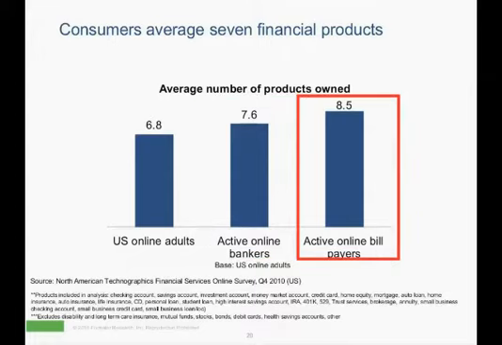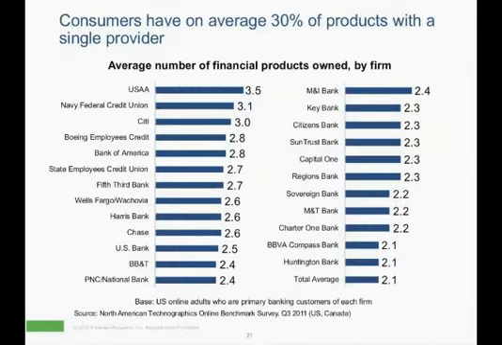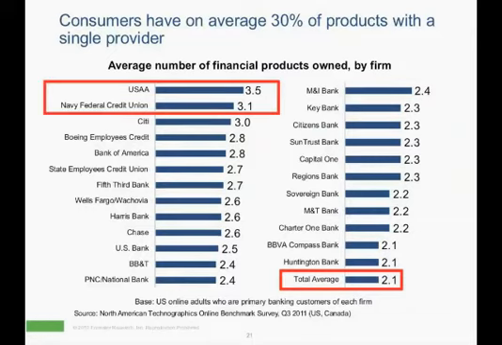Here's the problem. Of that 6.8 products, on average, any given firm has 2.1 of that. So just about 30%. The best firms, which are USAA and credit unions, have a little bit over half at best. So the opportunity is huge.